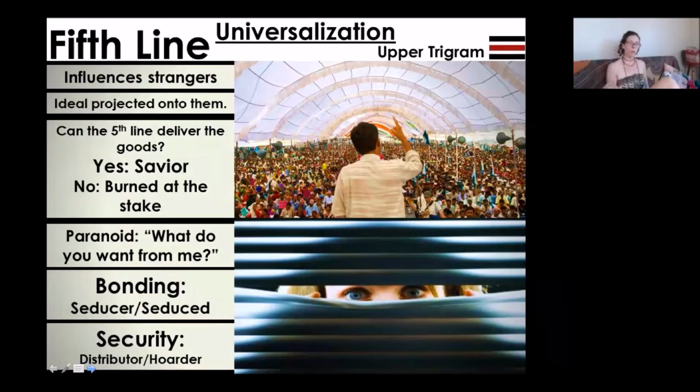But when they don't provide the solution and they don't deliver the goods, they get burned at the stake. They get their reputation tarnished, they get a consequence. So it's really important for 5s to enter into the right situations to deliver the goods. And they do that through strategy and authority.